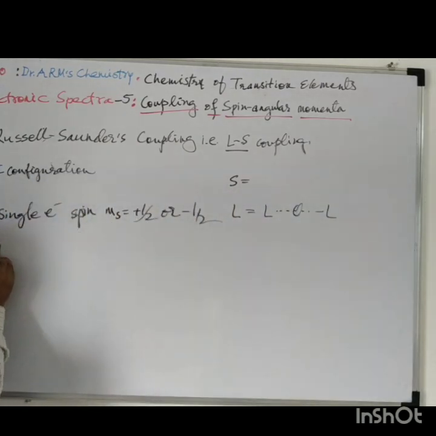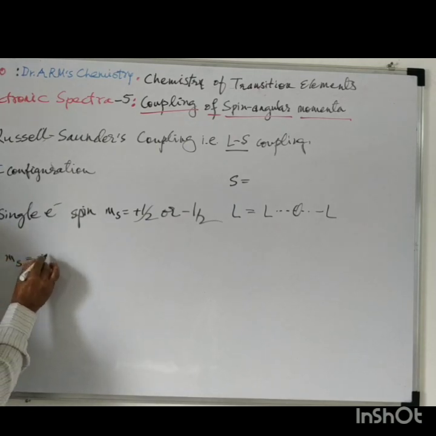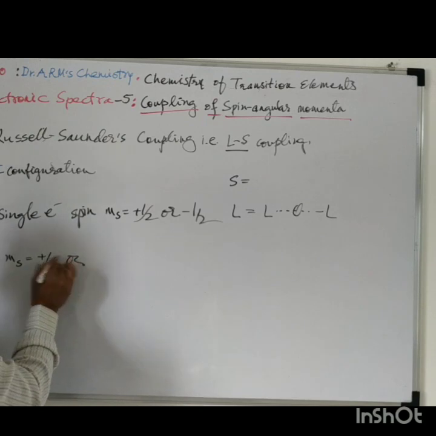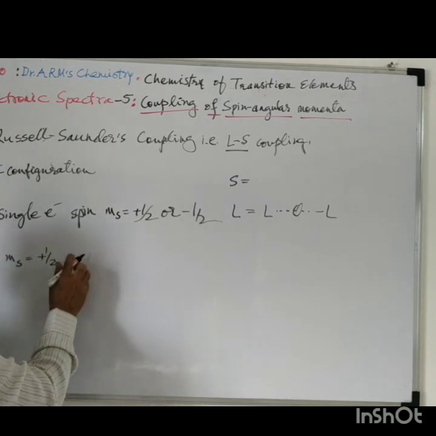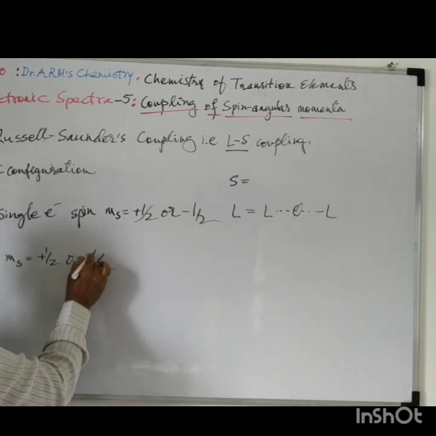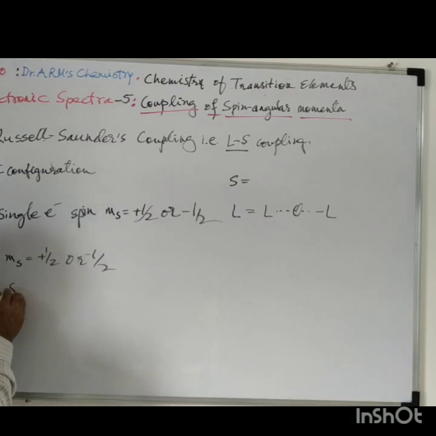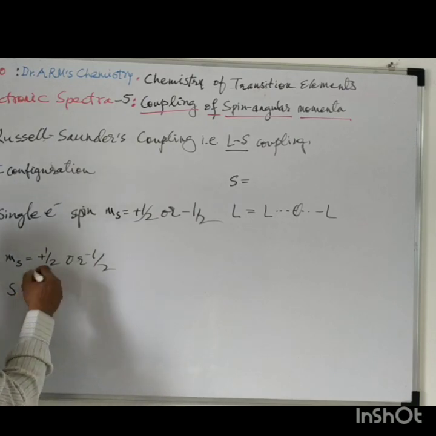The ms value is +1/2 or -1/2, and the S value, that is the total spin angular momentum quantum number, depends upon the total number of electrons present.